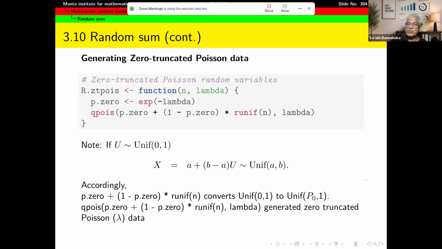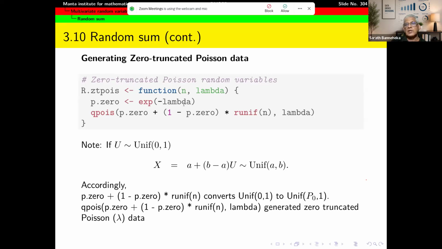So I'm going to use that theory to generate uniform random numbers between P0 and 1, where P0 is the probability that N is equal to 0 in the usual Poisson distribution, because I want to exclude that. I calculate this P0 as the exponential of minus lambda.